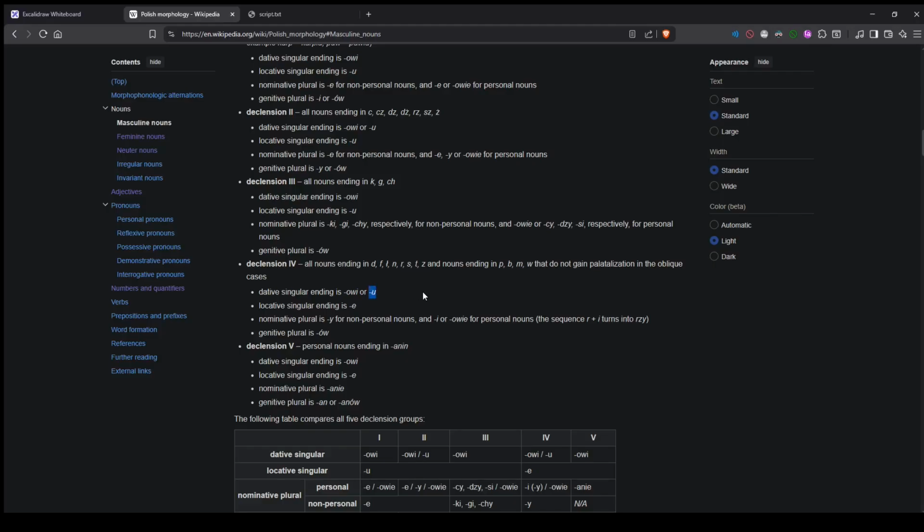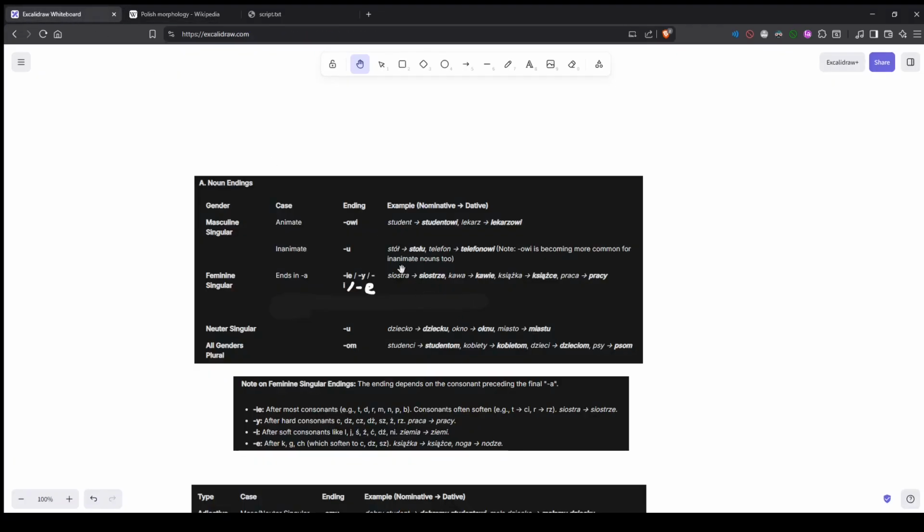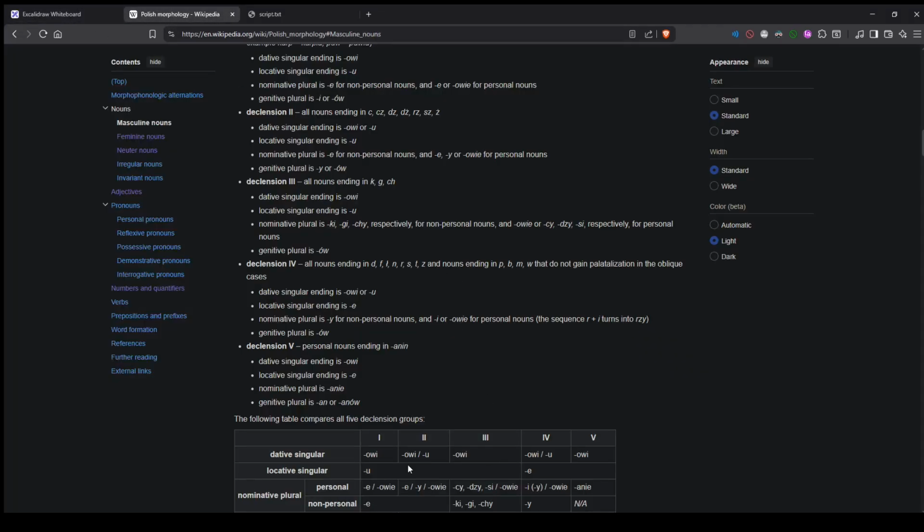Okay, and that is also why many Polish people confuse the endings, okay? Many Polish people actually do confuse the endings sometimes when trying to decline the nouns, because of this ambiguity, that it can be either ovi or u. You just have to memorize it and just be aware of it, yeah?